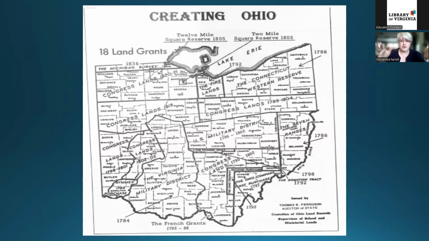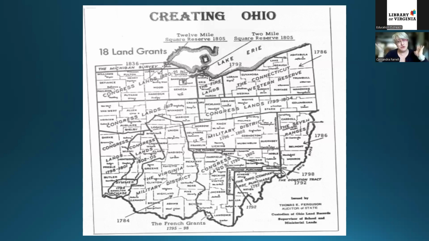But you have a really nice display of how the lands in Ohio were set up. And so those Virginians who were eligible for bounty warrants and pursued getting land in Ohio settled in the Virginia Military District. And their property was determined by metes and bounds, which is a very Virginia way of establishing property lines.